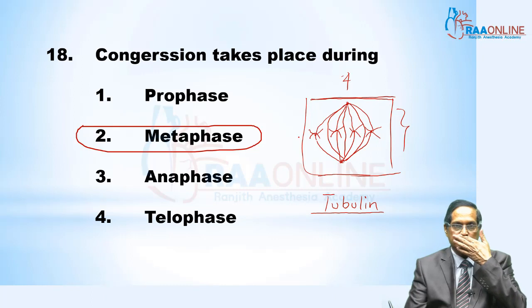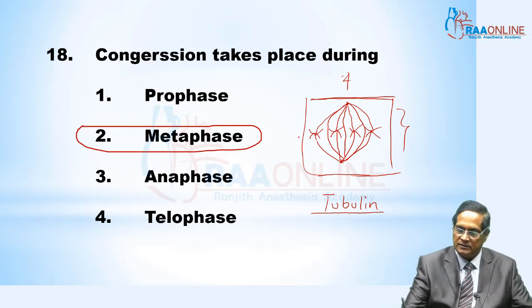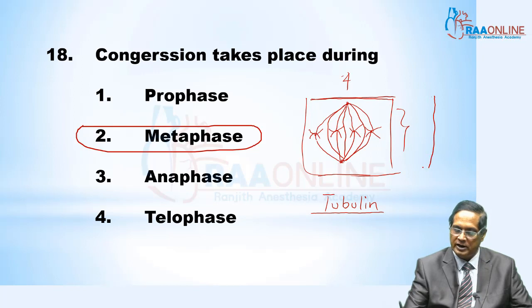When we see it, it is a fibrous structure comprising 3 different types of fiber. Pole to pole, that is continuous fiber. Pole to chromosome, these are called chromosomal fiber or tractile fiber.